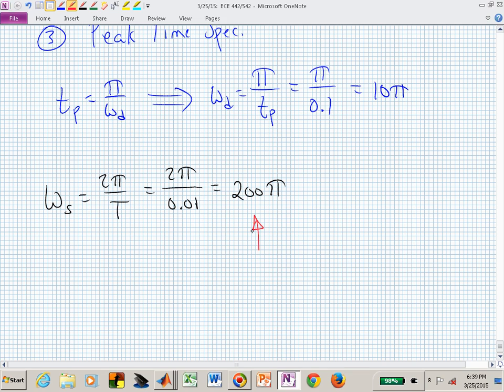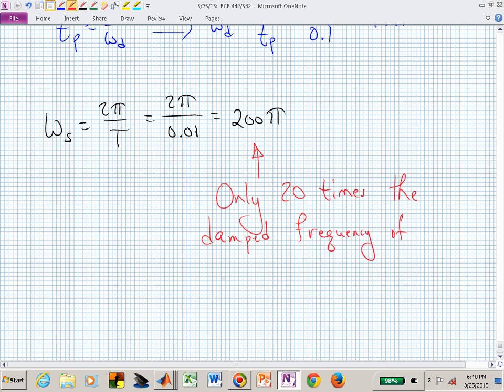This value of sampling frequency, omega sub s, is only 20 times the damped frequency of oscillation, which we are going to just assume is okay for now, for this example. And it's probably fine. You definitely want to be sampling at least the Nyquist frequency.